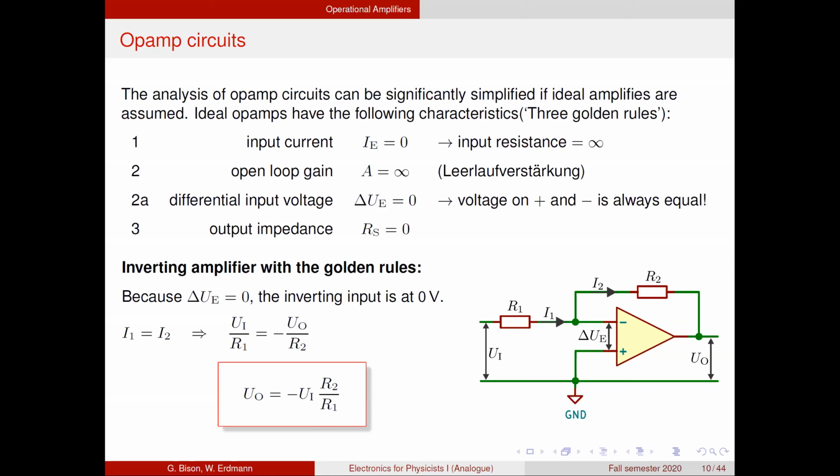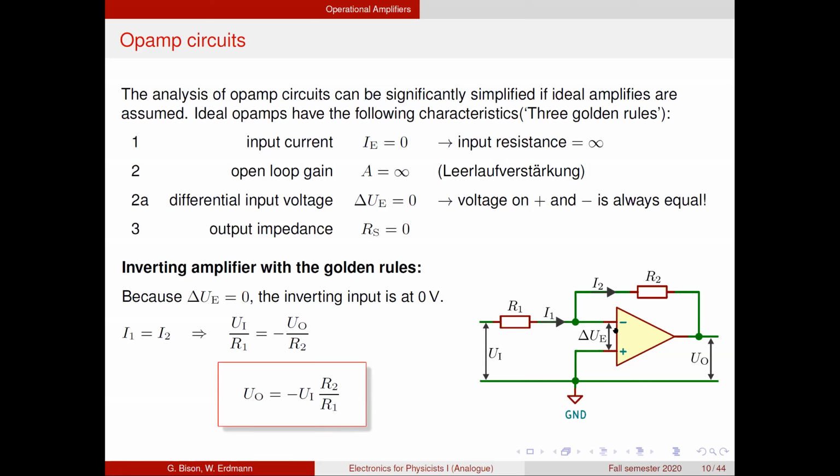Now, if we use the golden rules to do the inverting amplifier again, it becomes really easy. The first thing you have to realize is that since this voltage difference is 0, and we know that the plus terminal is at ground potential, the minus terminal must also be at ground potential. And if you know that, it's completely trivial to calculate what must happen. We know that this current must be equal to that current.